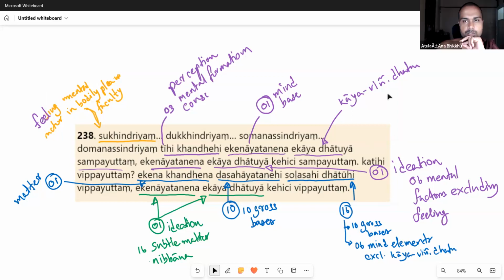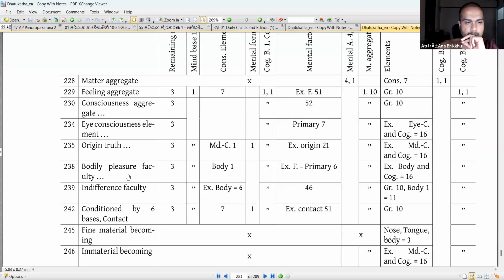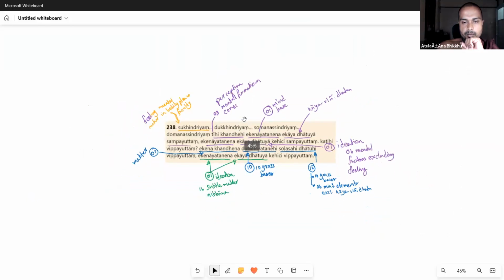Okay, so the next state of inquiry is the upekkhindriya, indifference faculty. So we'll move to that one, right, for upekkhindriya.